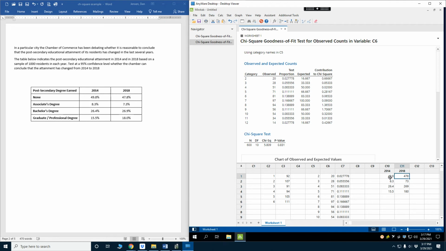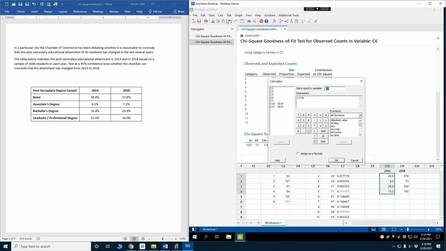Now, in Minitab, what it's looking for here is not an expected value. The TI graphing calculator looks for an expected value. Minitab is going to look for proportion. So Minitab actually wants those percents written as a decimal. So I'm going to use the tool we did before.